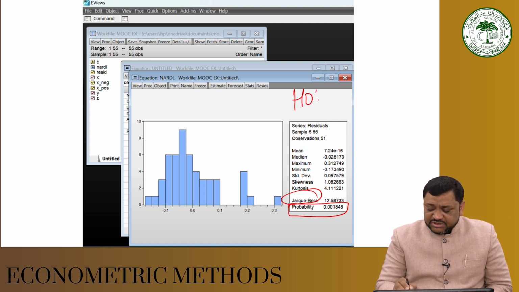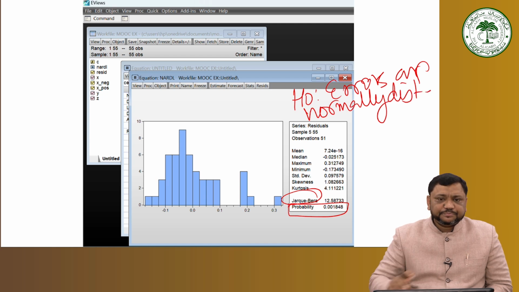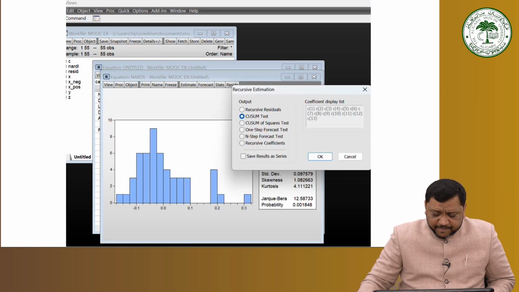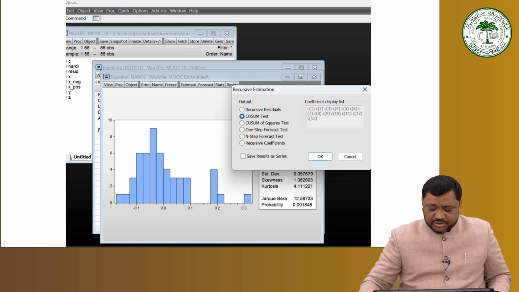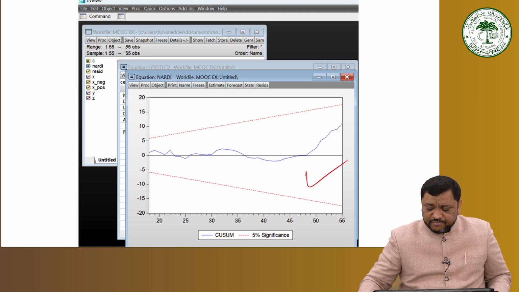Here the null hypothesis: errors are normally distributed. Alternate: errors are not normally distributed. Apart from that, we will again go for the CUSUM test. When we go for the CUSUM test, it is fine, no problem.